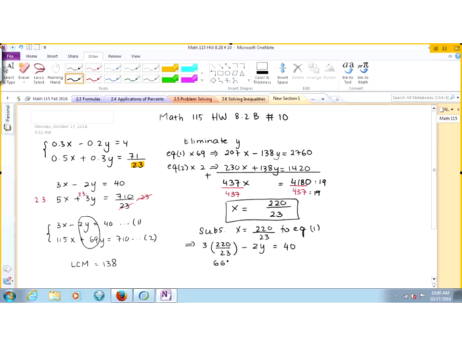So 660 over 23 minus 2y is 40. Okay. What do you want to do next? Clear the fraction? Yeah. So how do I clear the fraction? Multiply by 23.